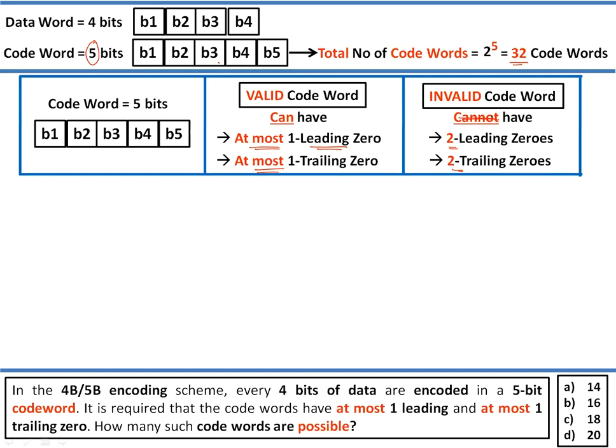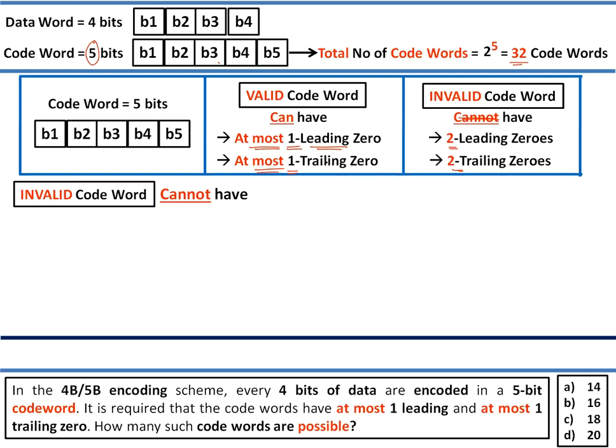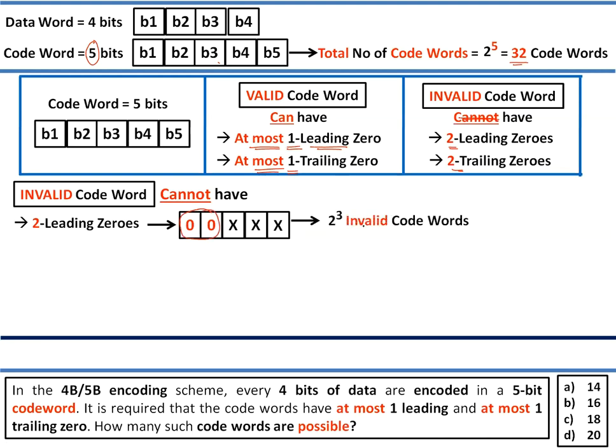Anyhow, any probability question can be solved in two ways, either by selection or by elimination. Now, it's easy for me to identify the invalid code words. At most one means if I have two, they can be eliminated. A code word cannot have two leading zeros, which means two zeros followed by 3 free bits. It will be 8 combinations, guys. Two trailing zeros also give 8 combinations.